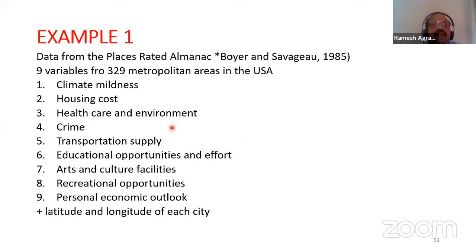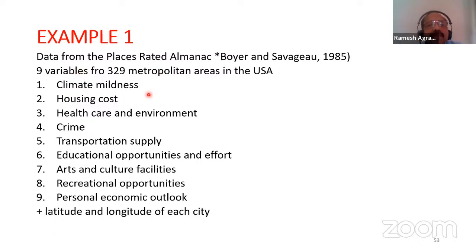This is data collected from the Places Rated Almanac in 1985, from 329 metropolitan areas of the USA, described in terms of 9 variables.